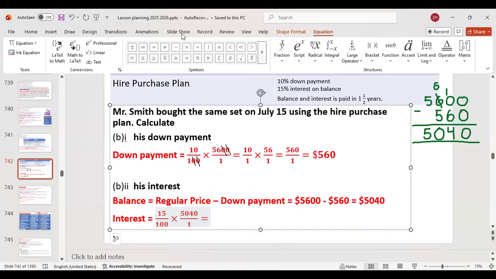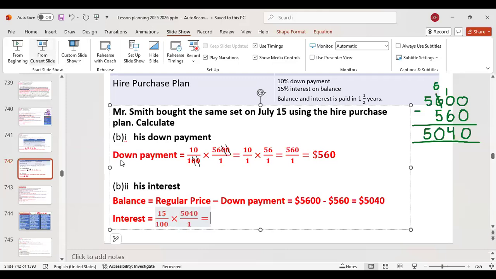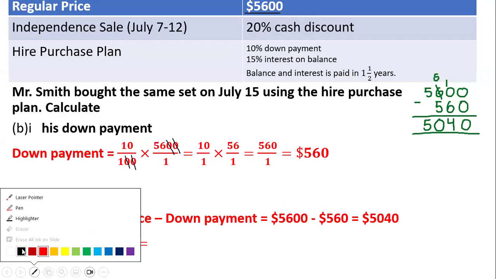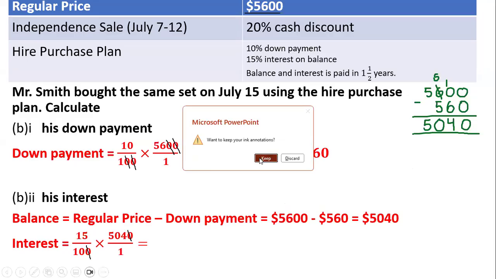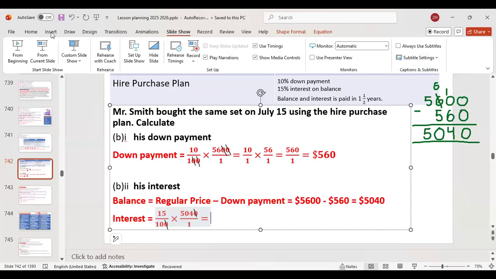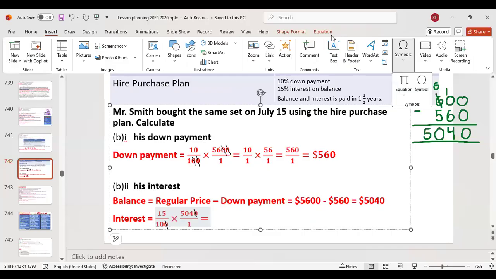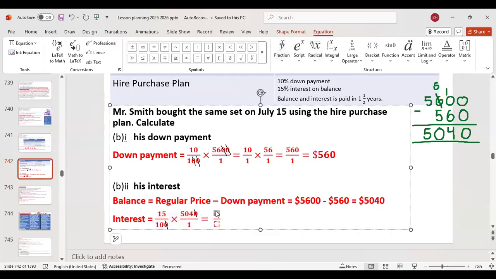You can do some cancellation now. First we cancel this 0, this 0. So we are left with 15 over 10 multiplied by 504 over 1.